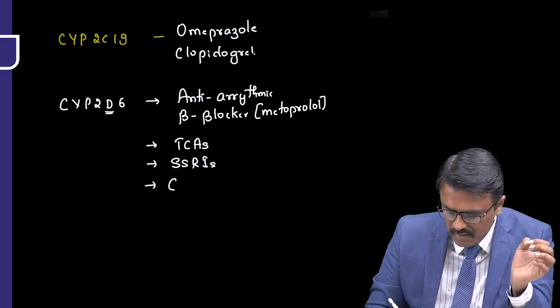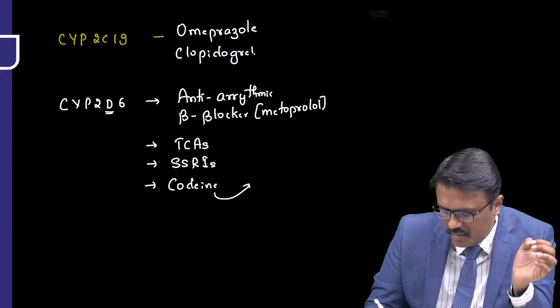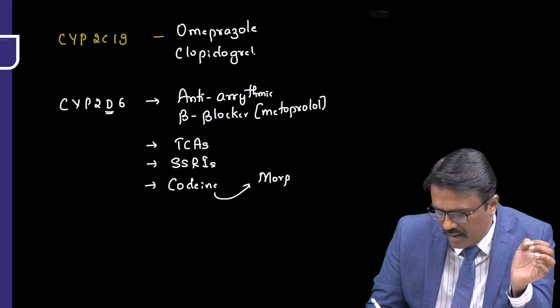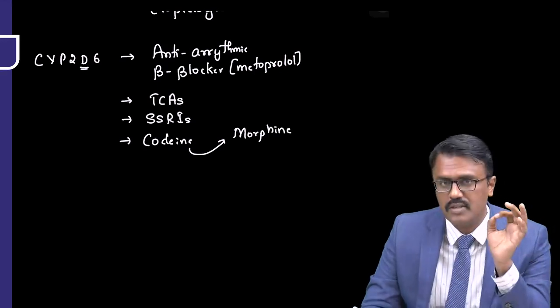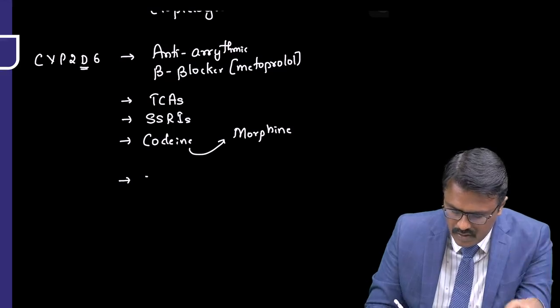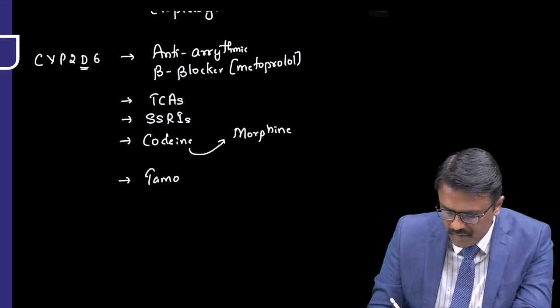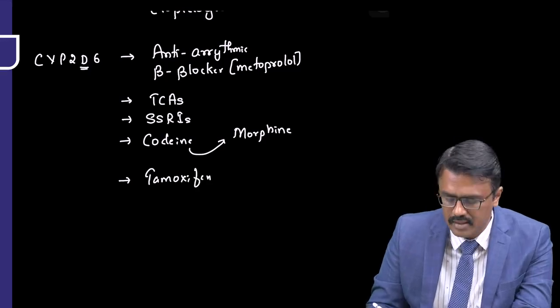Now the conversion of an opioid, codeine, into morphine is again done with the help of cytochrome 2D6, very very important. And one anti-cancer drug, tamoxifen, used for cancer therapy.